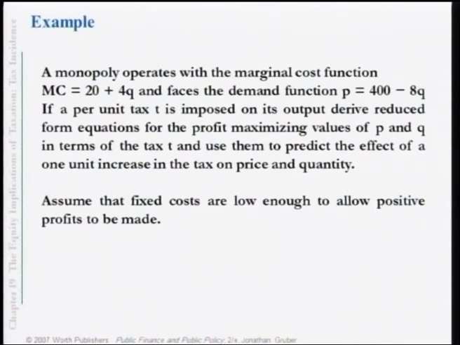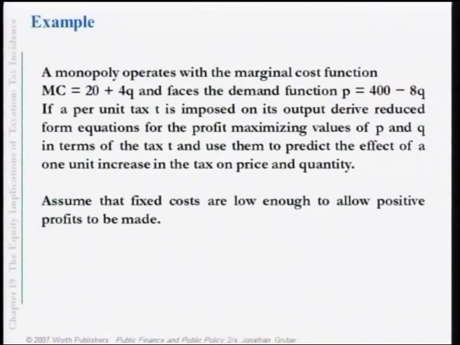We said derive the reduced form equations for the profit maximization value of price and quantity in terms of the tax T, and use them to predict the effect of a one unit increase in the tax on the price and the quantity.